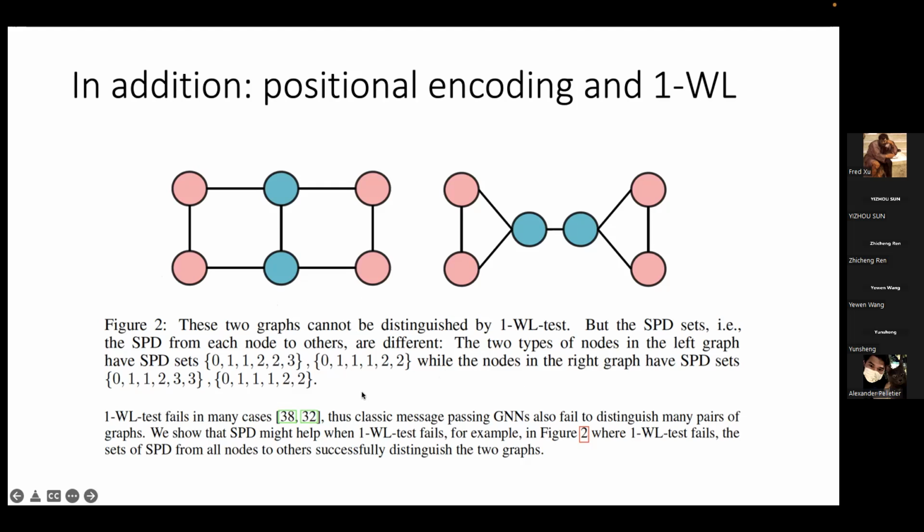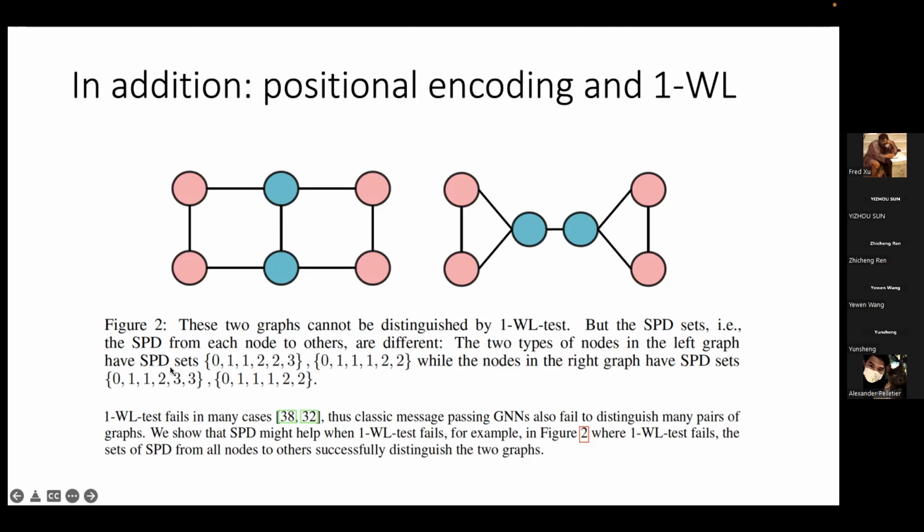I think this is just an interesting observation. The two types of nodes in the left graph, basically, if you do positional encoding, you can distinguish them.